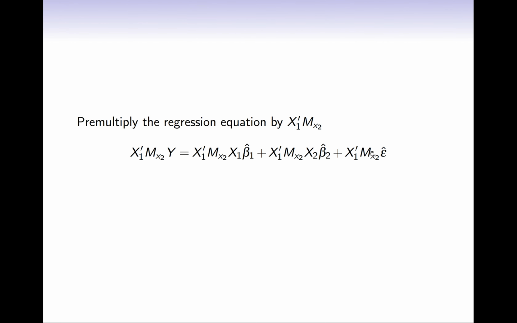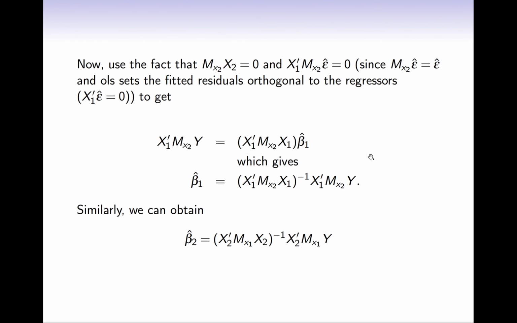Let's see, I think I put it in the next slide. So we're going to use, this is also equal to 0. The reason is mx2 epsilon hat equals epsilon hat, because if I regress epsilon hat on x2, x2 is not going to explain anything related to epsilon hat.